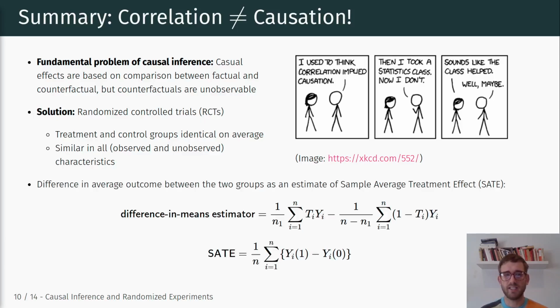If that is the case, we can look at the difference in average outcomes between the treatment and control groups as an estimate of the sample average treatment effect. Additional considerations come into play when we want to extrapolate this to the population and consider population average treatment effects. And as I mentioned, we can also look at conditional average treatment effects for specific subgroups of our sample.